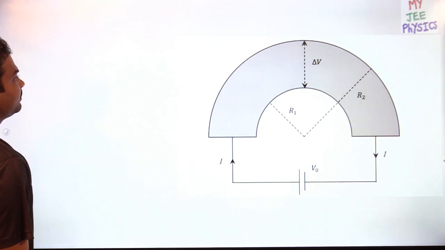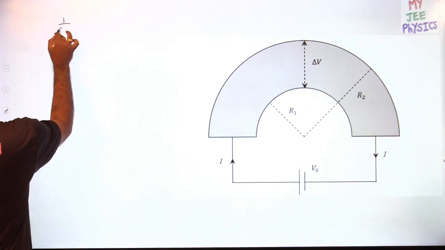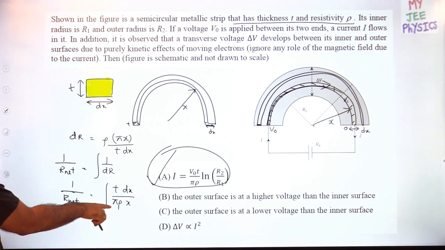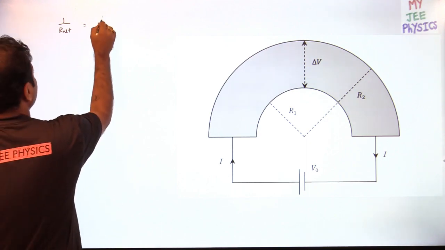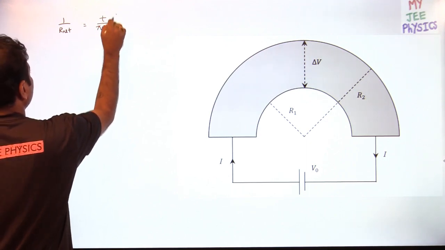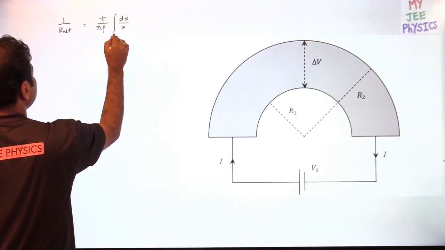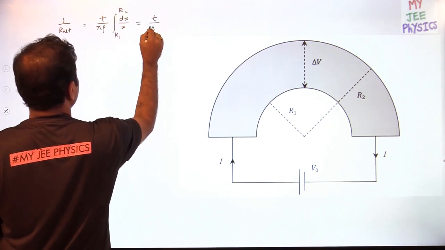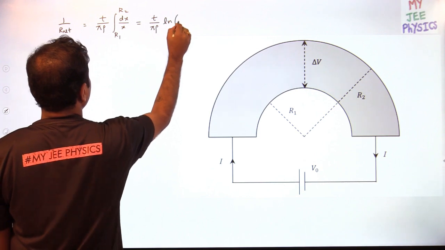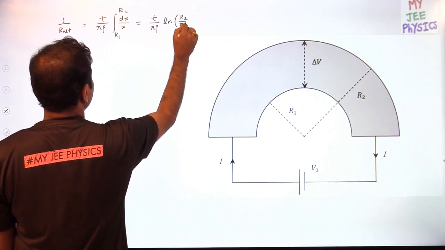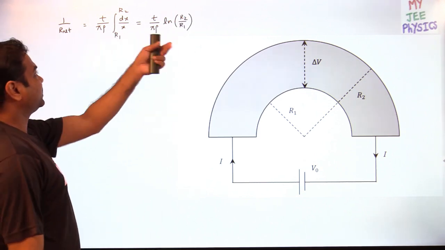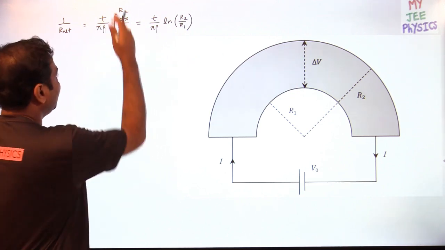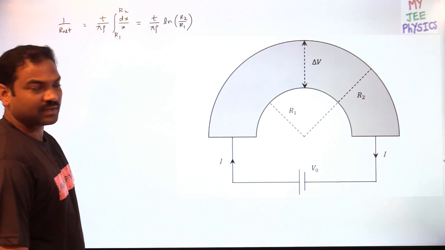Finally, 1 by R net is equal to t by pi rho, which comes out, times the integral of dx by x. Obviously x changes from r1 to r2. Then t by pi rho times ln of r2 by r1.